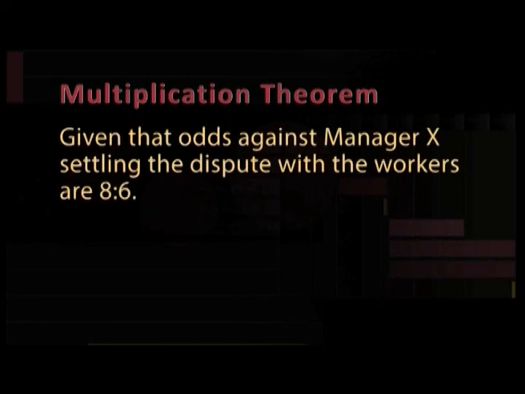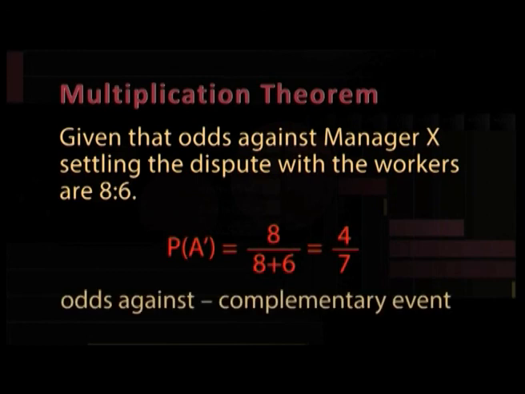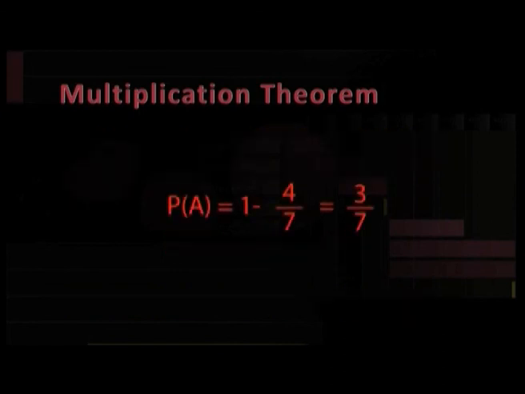Given that odds against manager X settling the dispute with the workers are 8/6, hence P A complement is equal to 8 divided by 8 plus 6, which is equal to 4/7. Odds against the complementary event, and hence probability of A is equal to 1 minus 4/7, which is equal to 3/7.